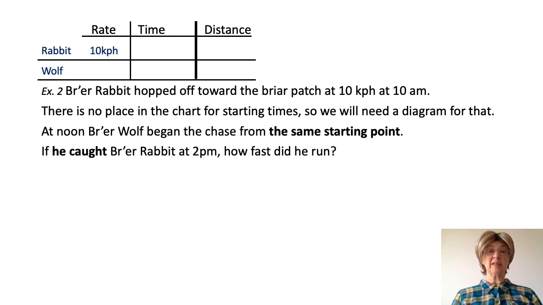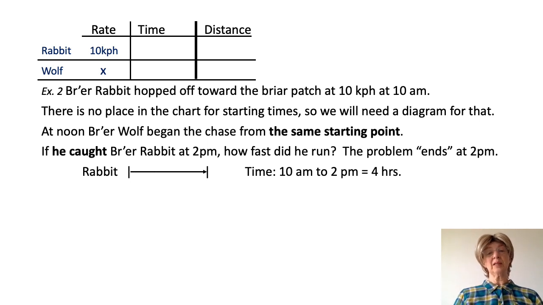So the problem is asking us for the wolf's rate. So we'll set that equal to x. And since he caught Brer Rabbit at 2 p.m., the problem ends at 2 p.m. And you can see they both traveled the same distance. They started from the same starting point, and when it was over, Brer Wolf had Brer Rabbit in his mouth.